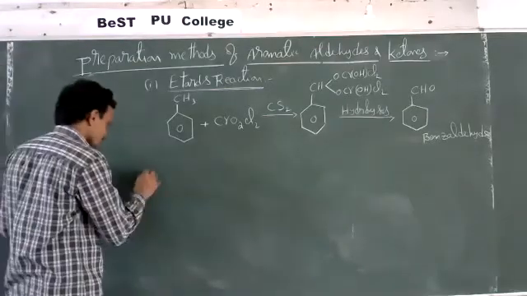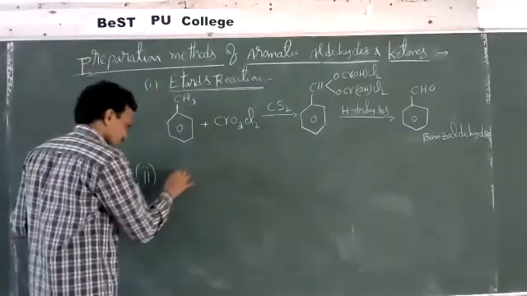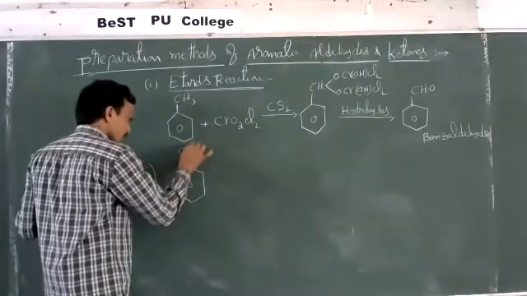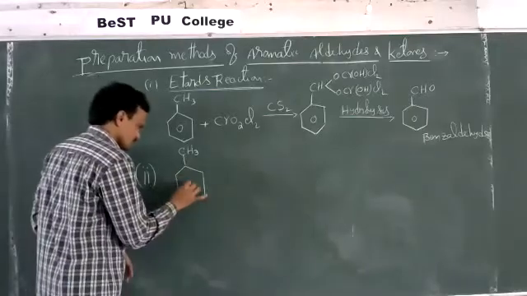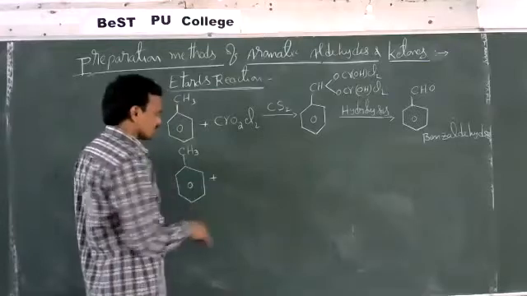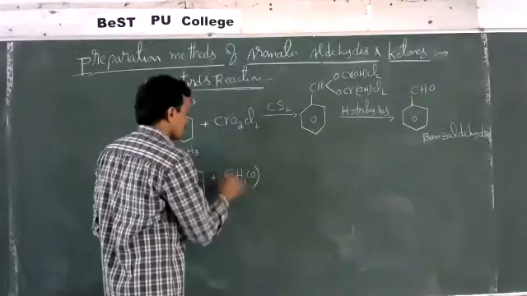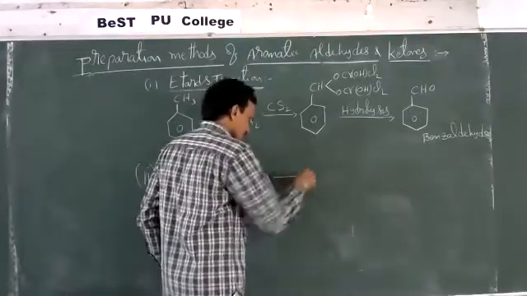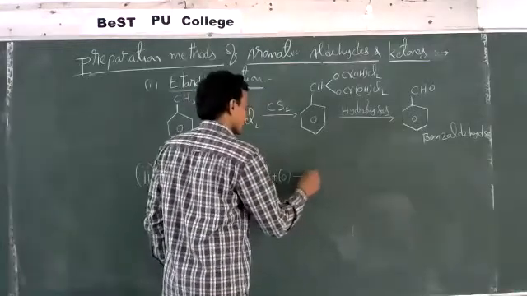Right. Now, let us see one more example. One more method from the same toluene. Nothing but the oxidation of toluene by (CH3CO)2O, acetic anhydride, in the presence of chromium oxide, CrO3.